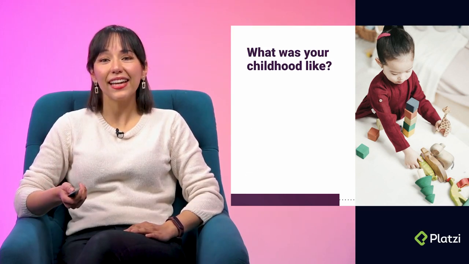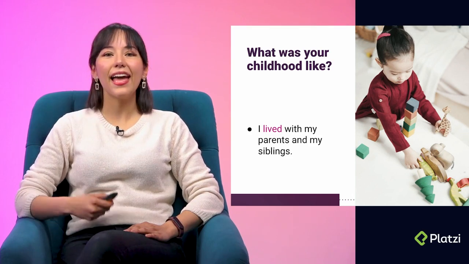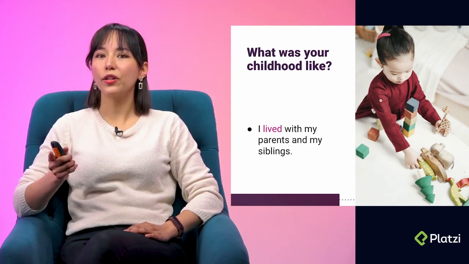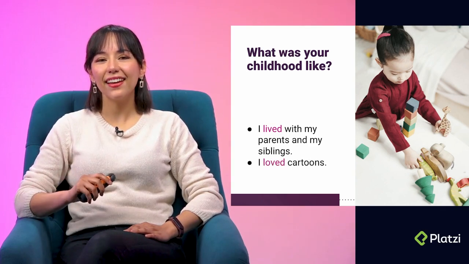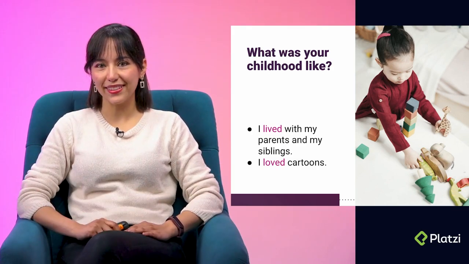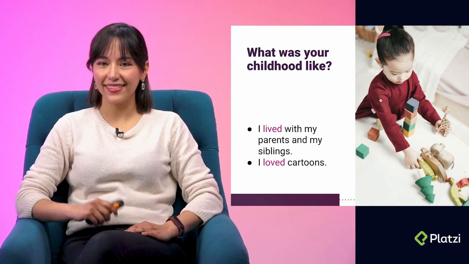I can also say, I lived with my parents and my siblings. Remember, your siblings are your brothers and sisters. And finally, I can also say, I loved cartoons. This is what my childhood was like.